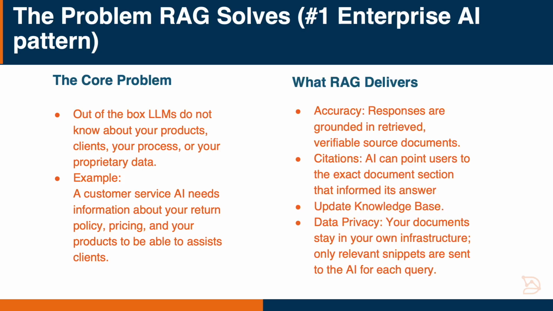RAG delivers accuracy. Responses are grounded in retrieved information. As you can see, the moment these LLMs started, we used to play around with some issues in Ghana. You ask an LLM, let's say GPT, what do you know about the Seshi people of Ghana?